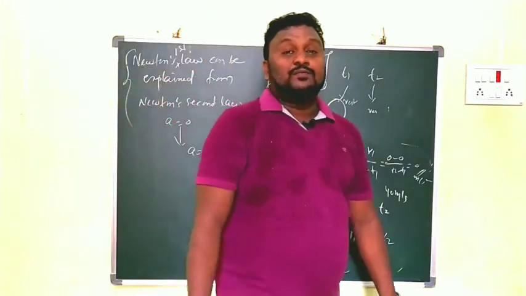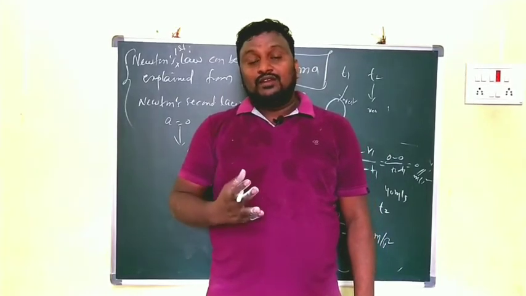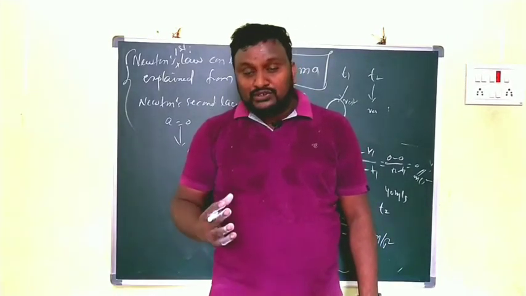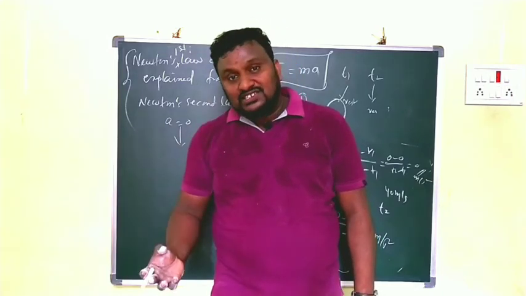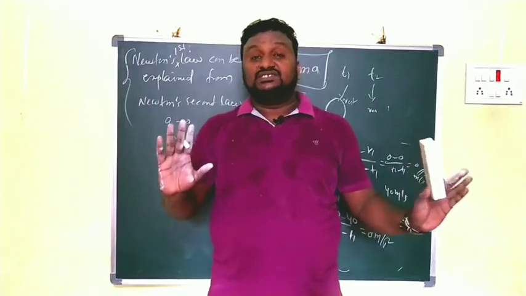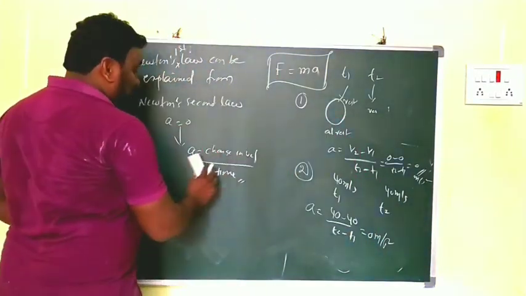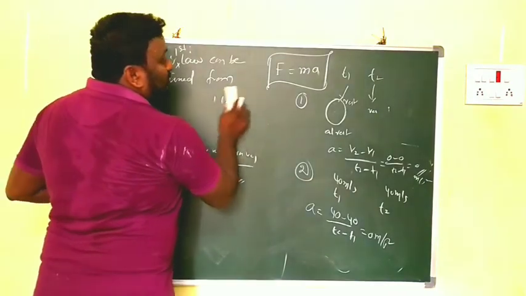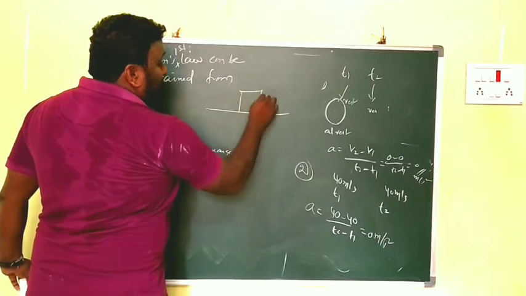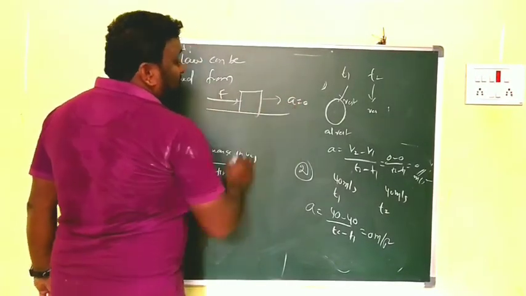That means when the body is in uniform motion and when the body is at rest, in both cases acceleration should be taken as 0. Clear? So I already told you, when we are not applying any force, then acceleration is 0.